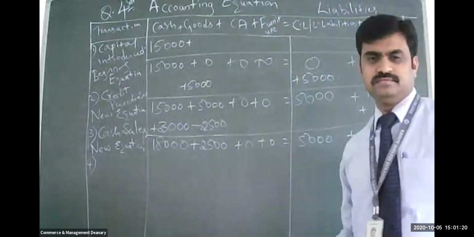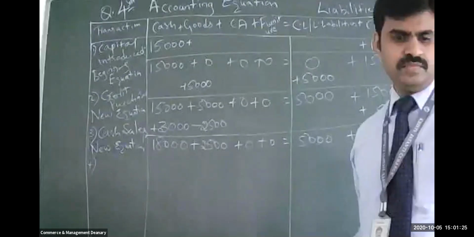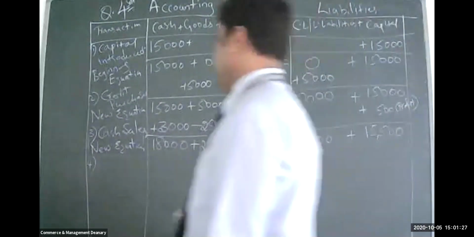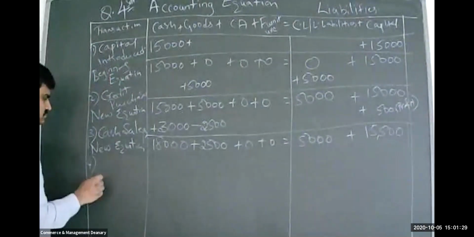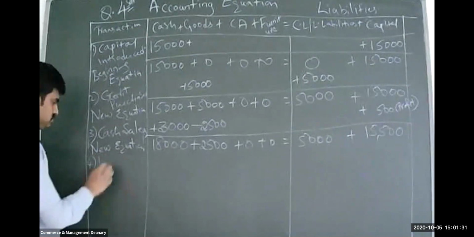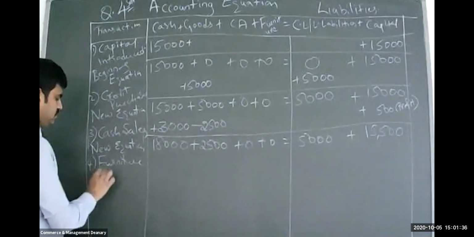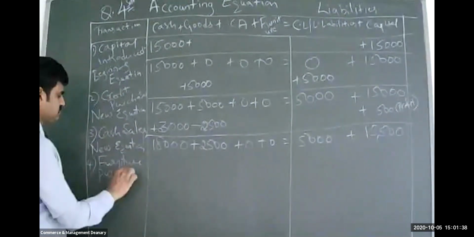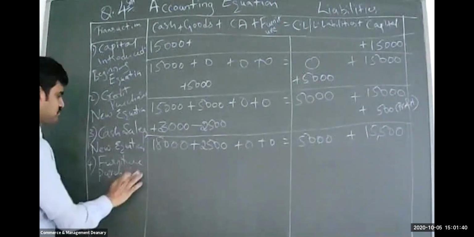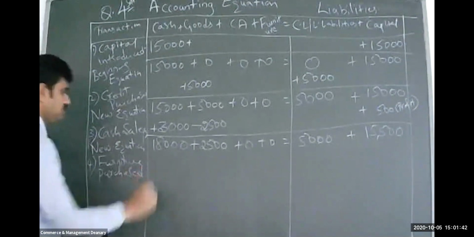Furniture is coming in, not goods. So how do you write this transaction name? Furniture purchase. That's all, simple.